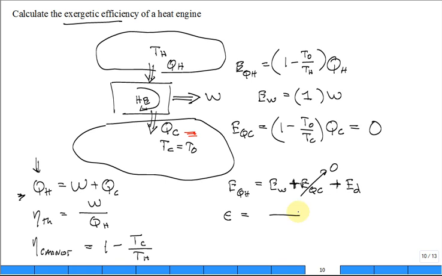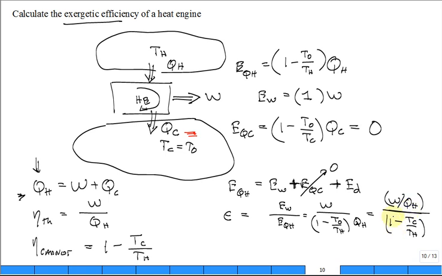What would be a good definition of exergetic efficiency? It's what I want. What do I really want? I want the flow with the work over what it costs to drive it. That's the flow with the heat supplied. Or it's W over 1 minus T naught over TH times QH, or W over QH divided by 1 minus TC over TH.